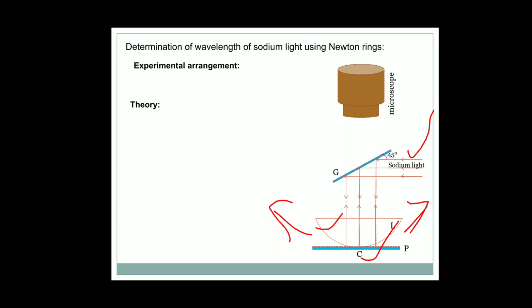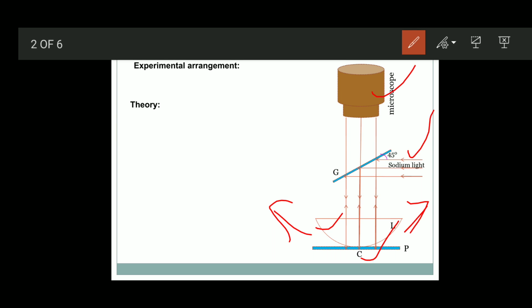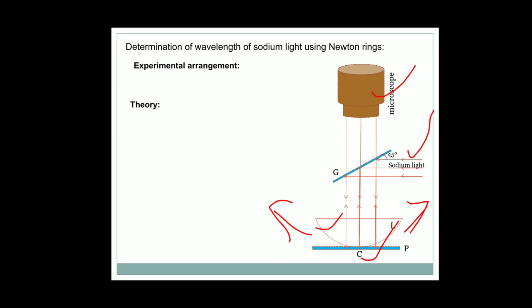These rays reflect back and superimpose on each other, and we can observe interference fringes or rings through the micrometer eyepiece. The Newton rings are circular in shape.